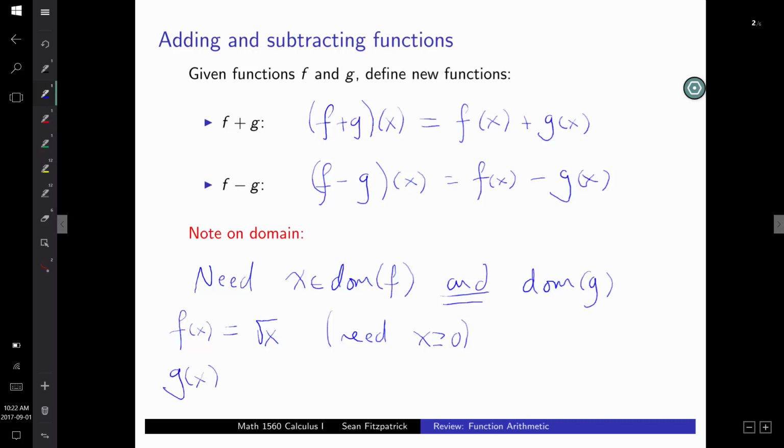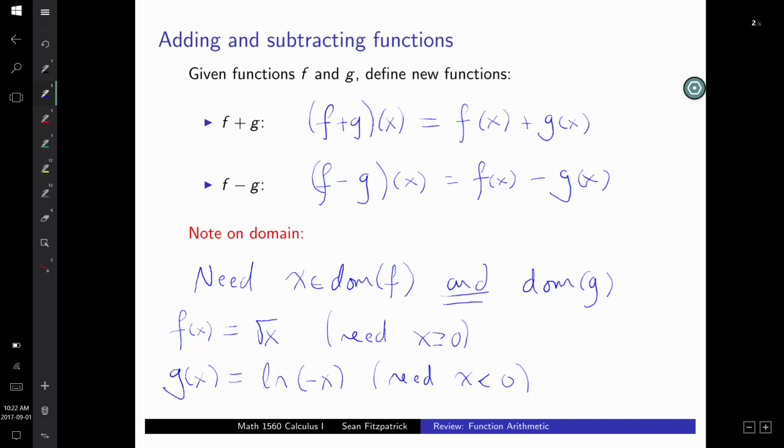Let's say g of x is the natural log of minus x. Well, the natural log only works on positive numbers, and if I put a minus sign out front, that turns any positive number into a negative and any negative into a positive. So this g of x is only going to work if x is negative.